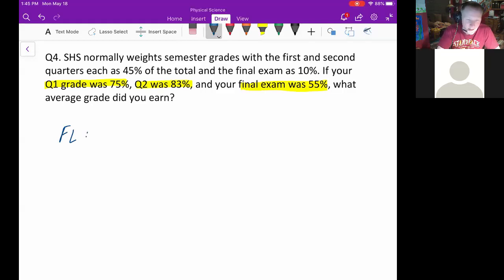So we take how much was 75%? We take this over as a decimal, so 0.45 times 75%. We have 0.45 times Q2, so we're going to add that in.